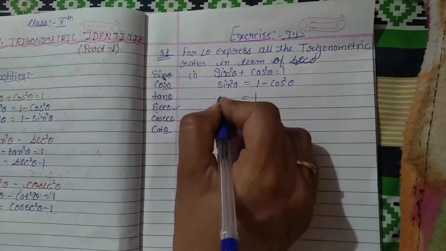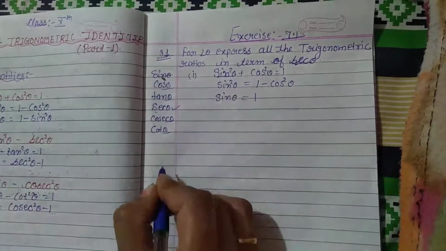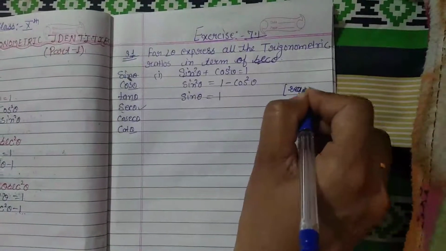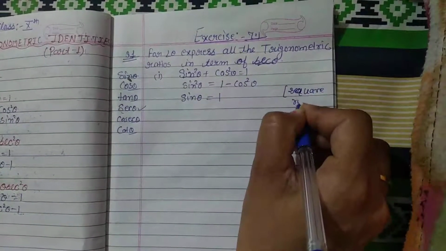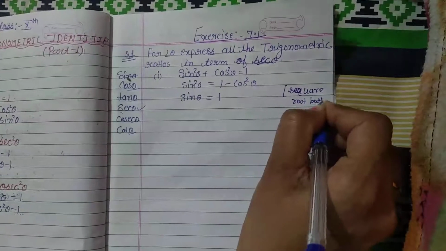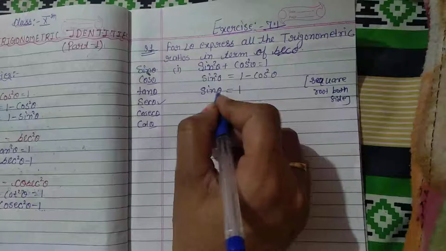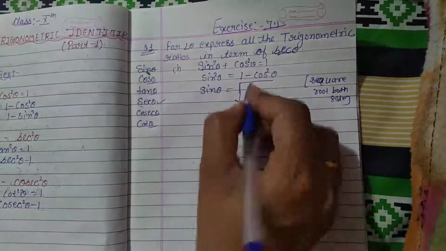We will take the square root on both sides.